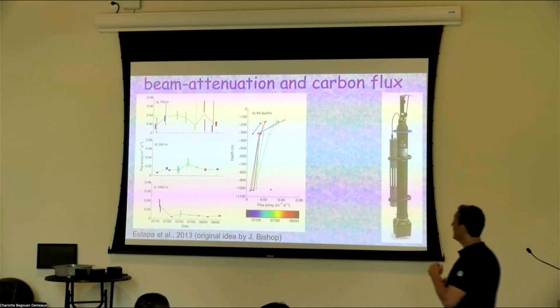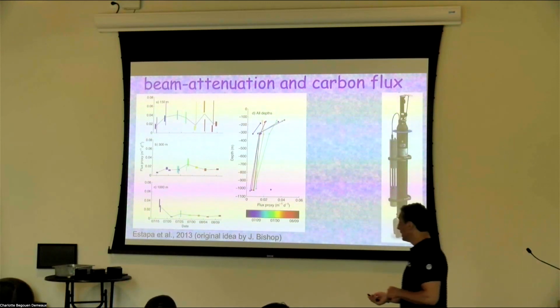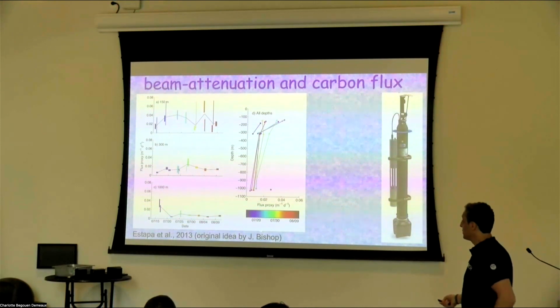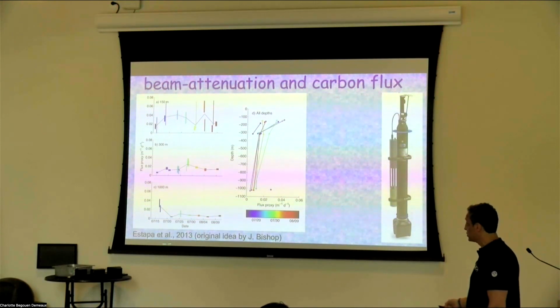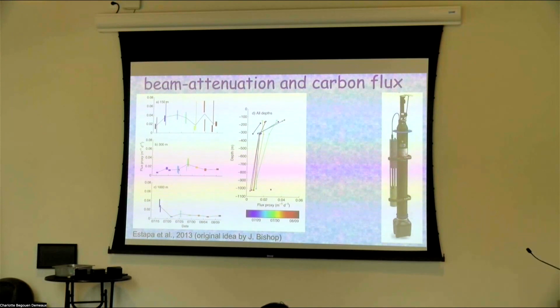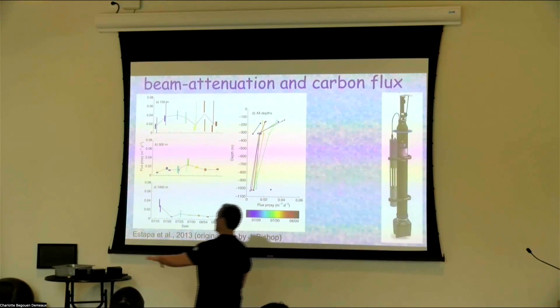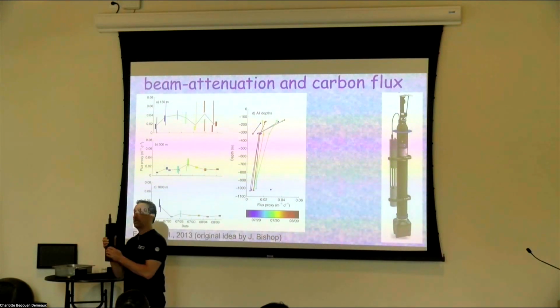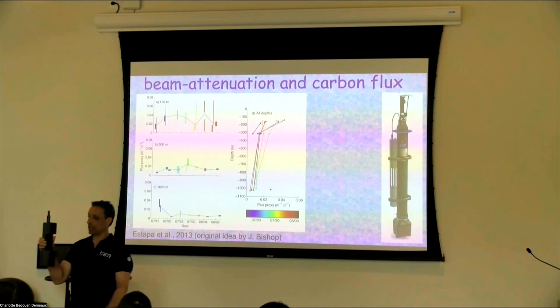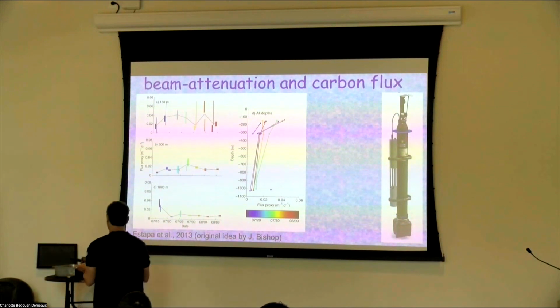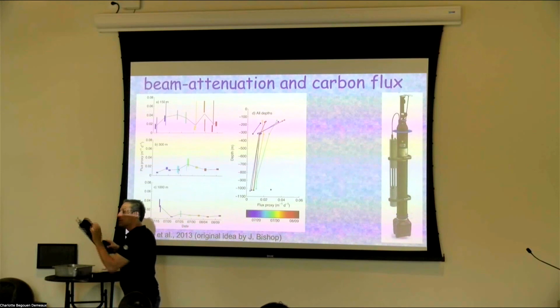Another thing beam attenuation is used for started with pioneering work by Bishop, but Meg has pushed it way along, which is to use a beam transmissometer as a sediment collector. So I put it like this. Hopefully they're far enough apart that the material can settle on the window.